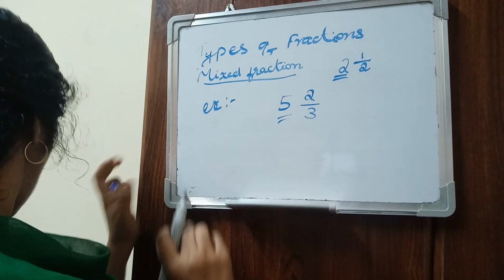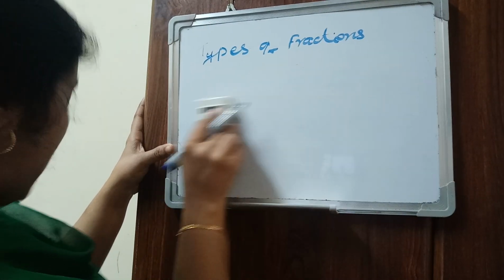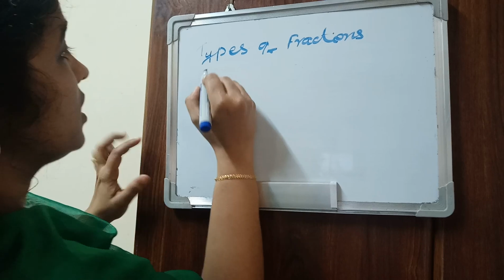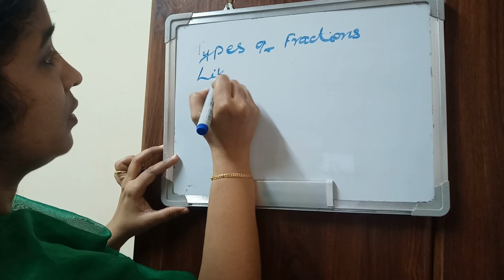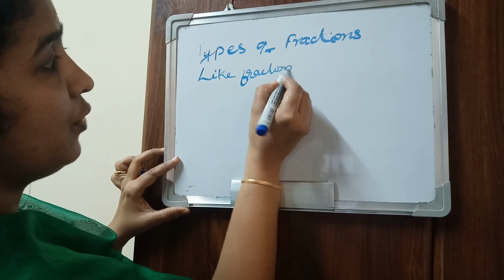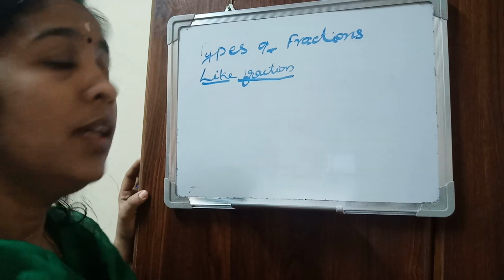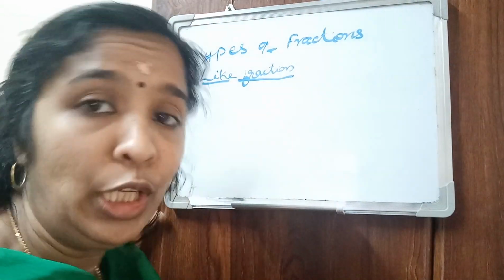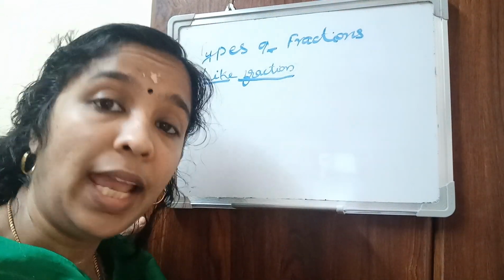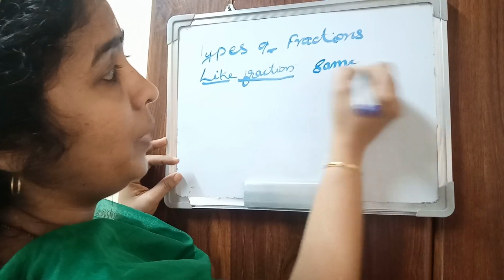Okay. Next two types of fractions are like fractions. What is the meaning of like fractions? When there are the same denominators, they are called like fractions.